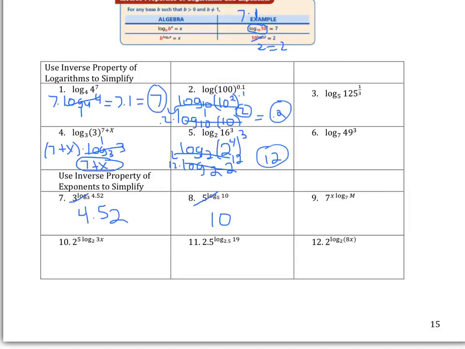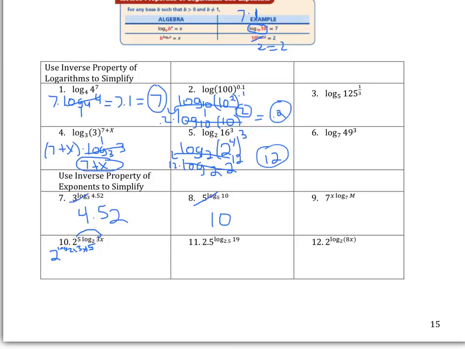Let's try number 10. If I have 5 times log base 2 of 3x, I need to move that exponent first, because 2 to the 5th times log base 2 of 3x we can't really do, so we're going to do 2 to the log base 2 of 3x to the 5th.